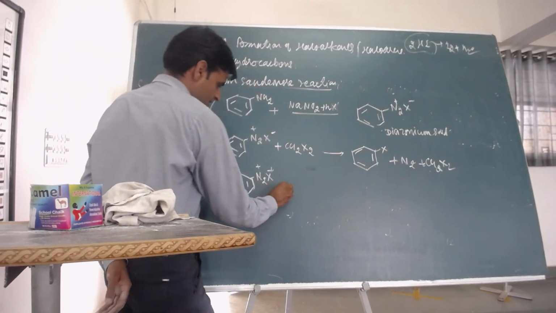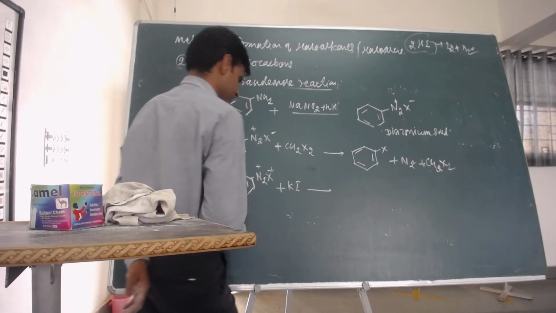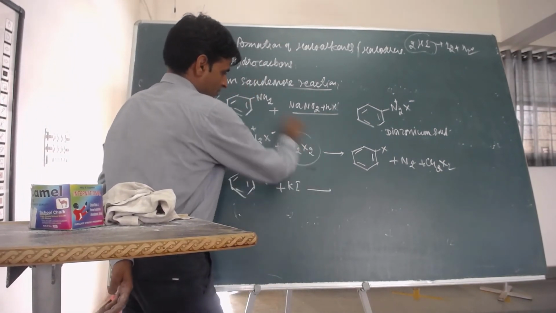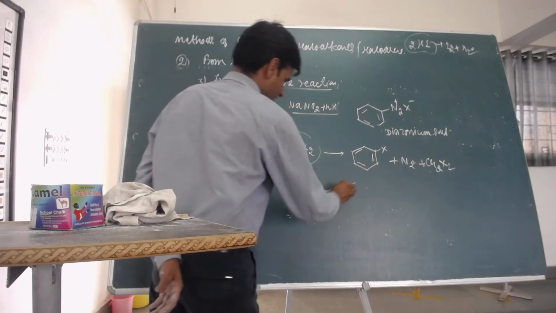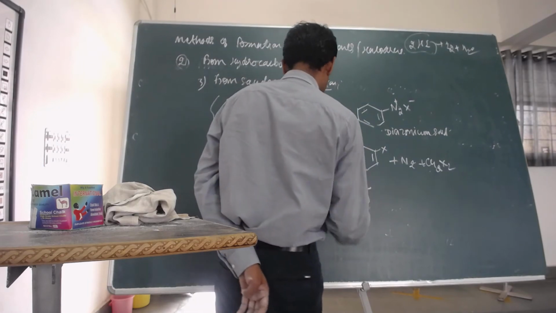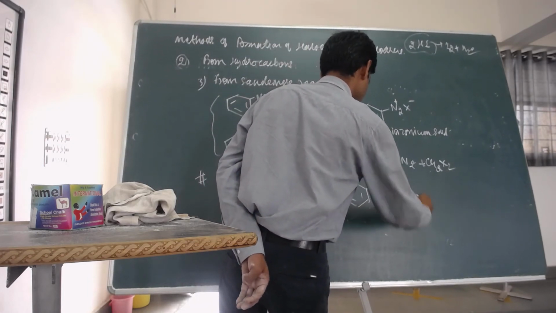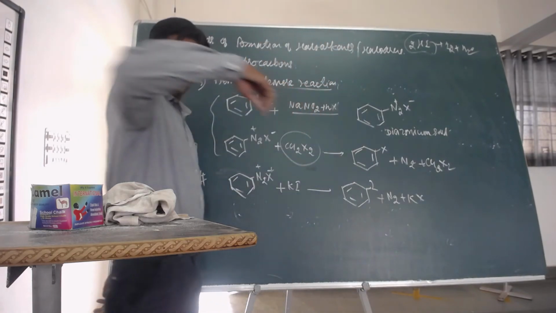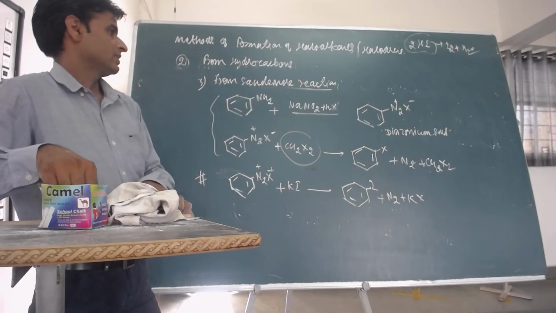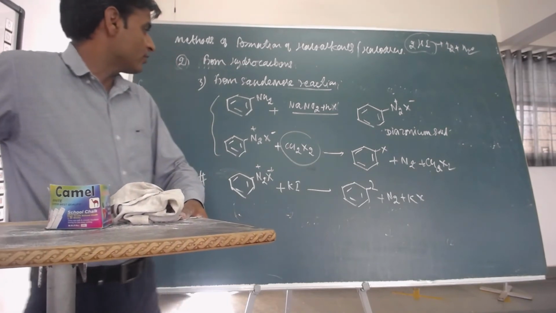In this case, when we directly add potassium iodide without cuprous halide, then we directly obtain iodobenzene plus N2 plus KCl. So these are some selected methods to obtain the haloalkanes and haloarenes from hydrocarbons.